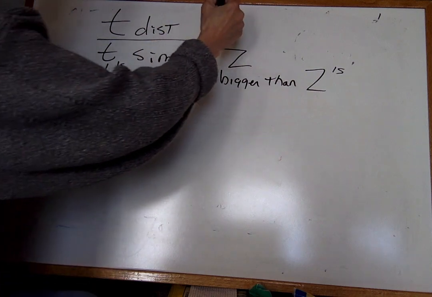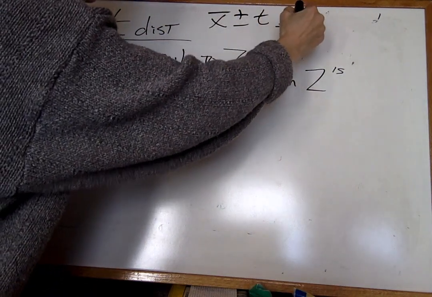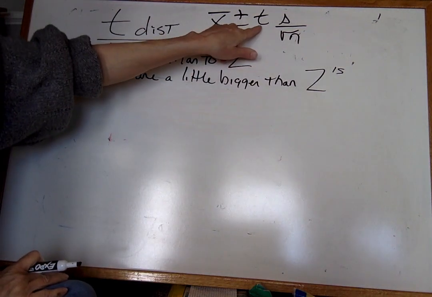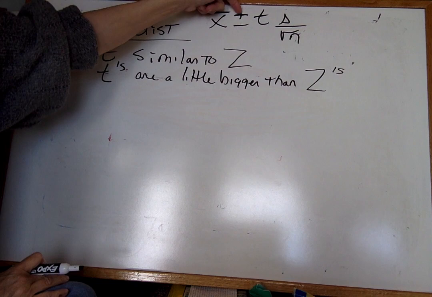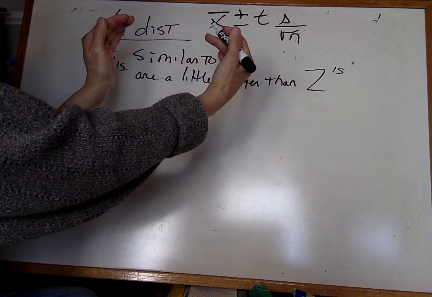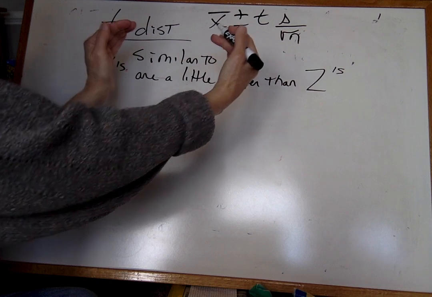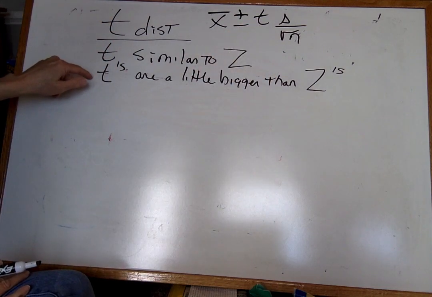Well, think about it. Let me put my formula back up so I can point to things. If this T is a little bit bigger number, then I'm plussing and minusing a bigger number. So I just made it wider. That makes my confidence interval just a little bit wider.